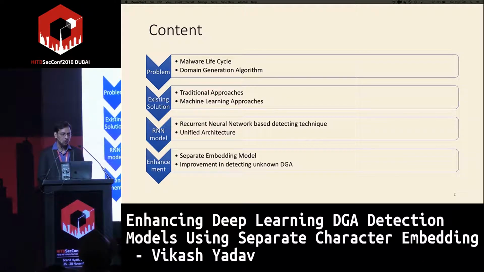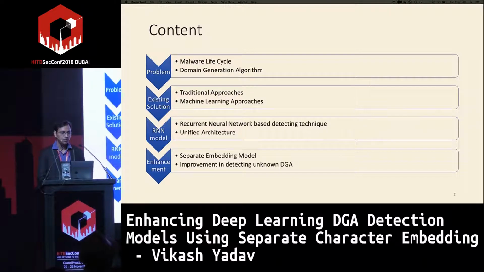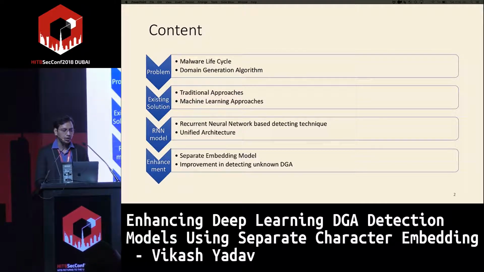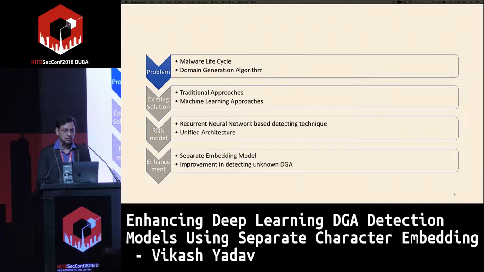Then one of the most popular machine learning approaches to tackle this problem is recurrent neural network, and we are going to talk in depth about that technique, how it works, and what are the advantages or disadvantages of that technique. And in the last section, we are going to discuss some of the enhancements or improvements that we are making to improve the accuracy on detecting unknown DGAs. So with that, let's start with the first section.